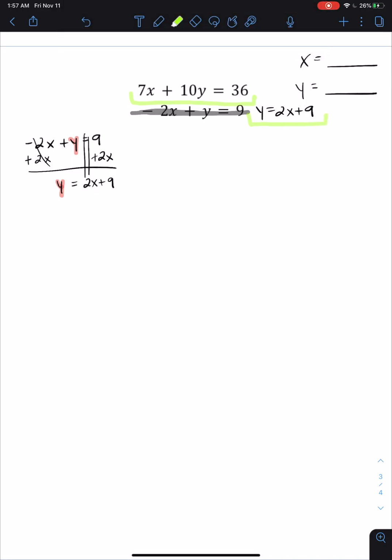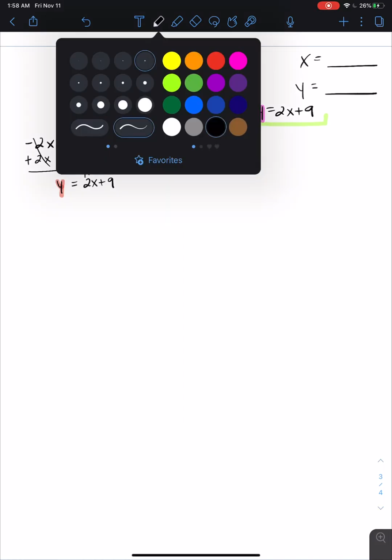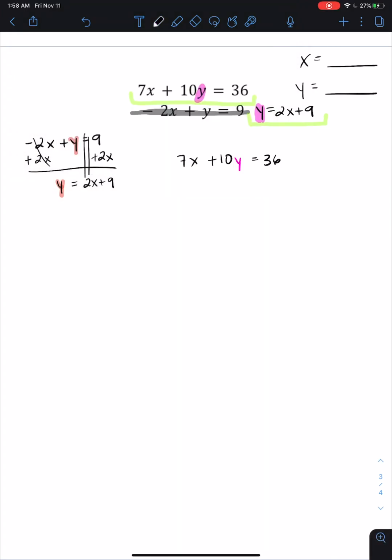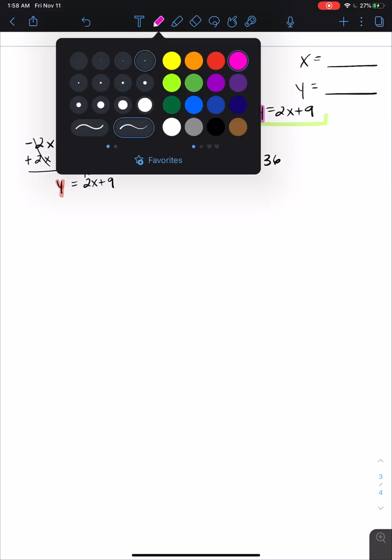The benefit of this is that I can take my equation y equals 2x plus 9 and literally substitute it in for y in the other equation. That way we only have x's left in the equation. So if we take 7x plus 10y is equal to 36, we can substitute in 2x plus 9 for y.